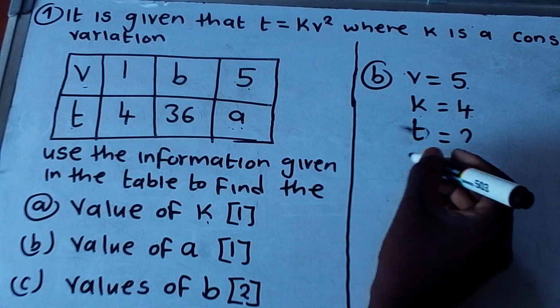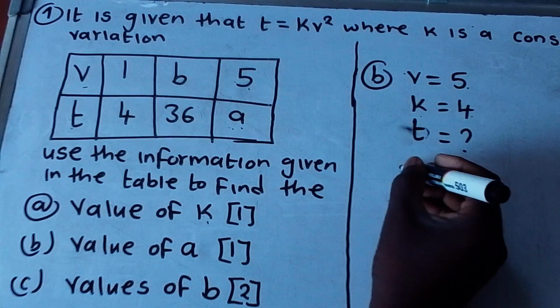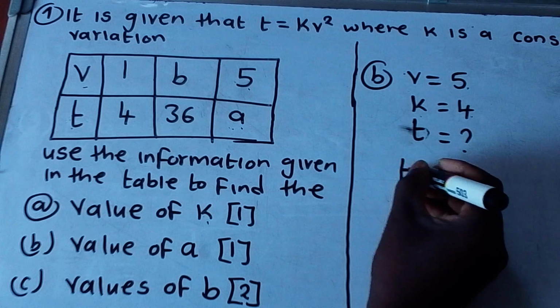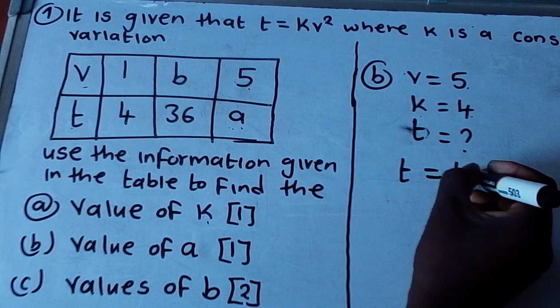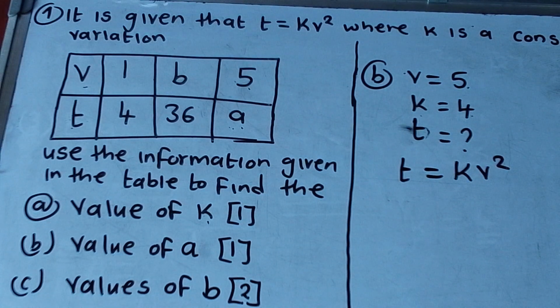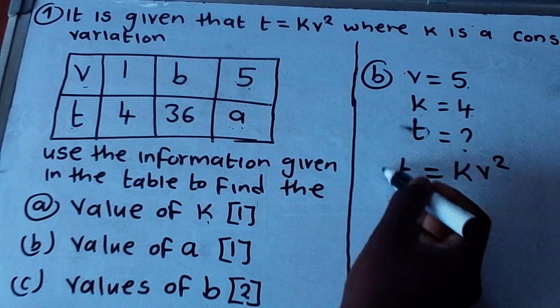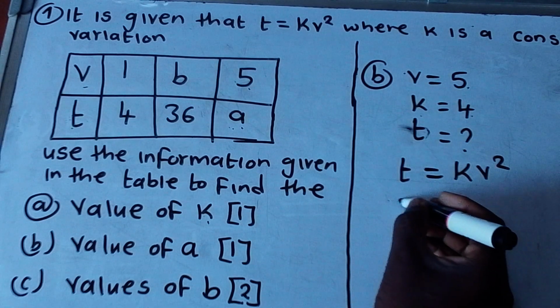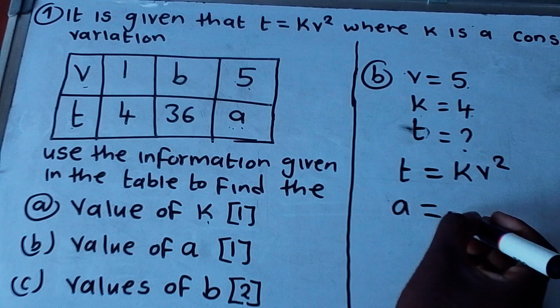So you copy the same formula given in the question. You say T is equal to KV squared. Now, since in the question they said find the value of A, instead of writing T, we'll replace it by letter A equals K.